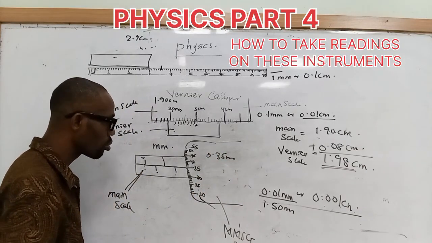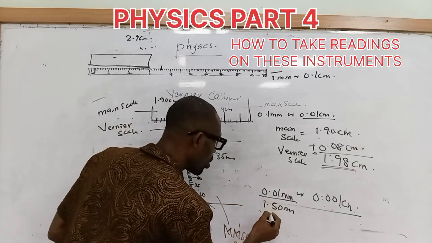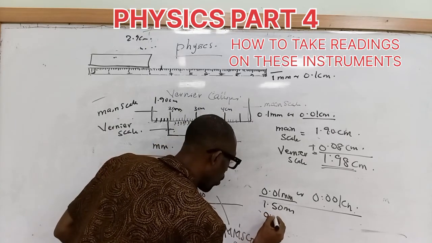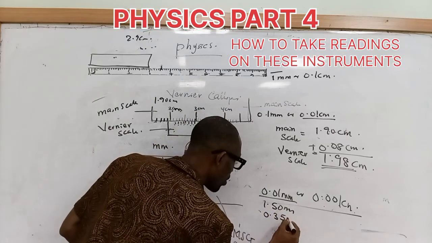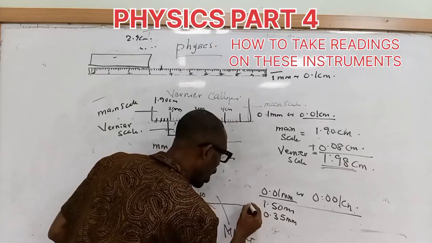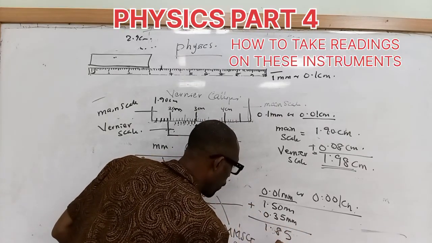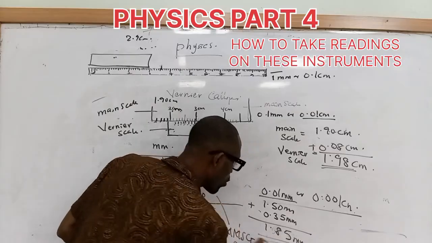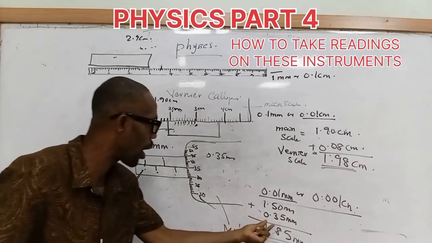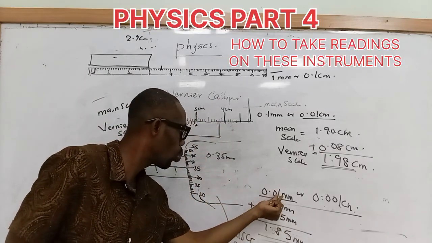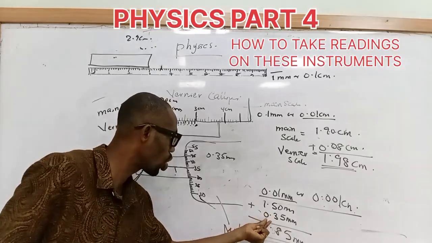Do you see it now? Are you with me? So what do you have? Let's go. This will now be 0.35 millimeter. So if you are going to add it, this is what you are going to get: 1.85 millimeter.